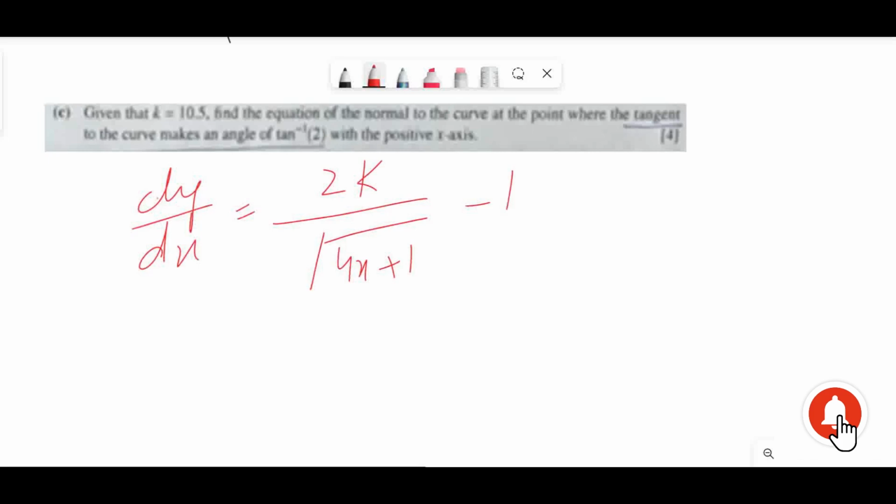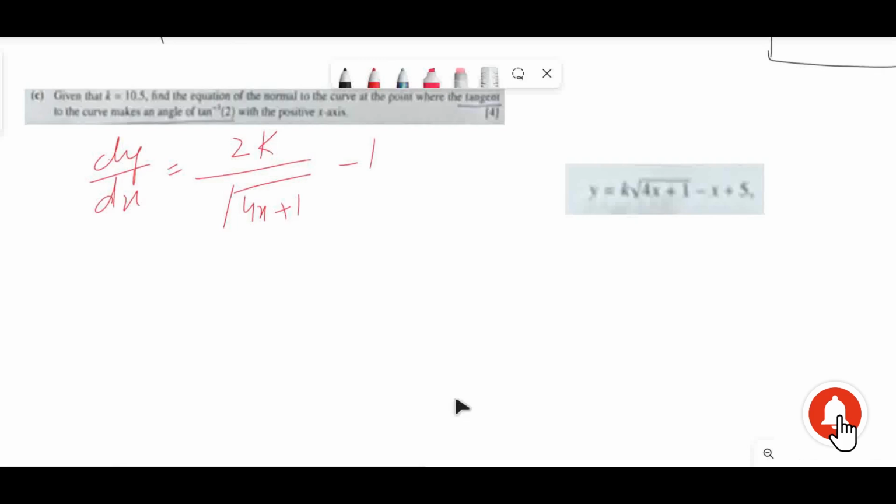Now this was the derivative of the main equation. So let's see the main equation. What was the main equation? Now this was the equation of the main curve. Here the important point is the hint: the tangent makes an angle of tan inverse of 2.